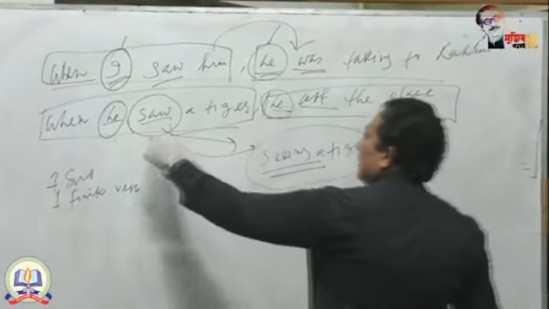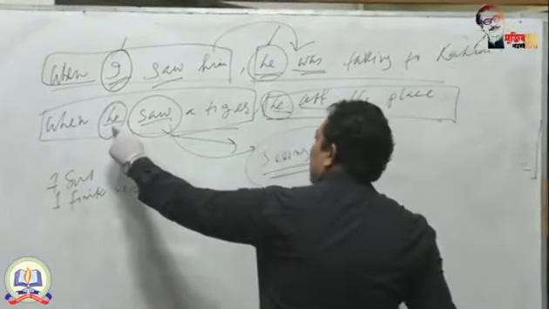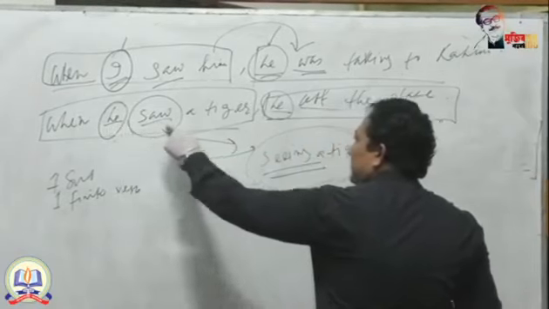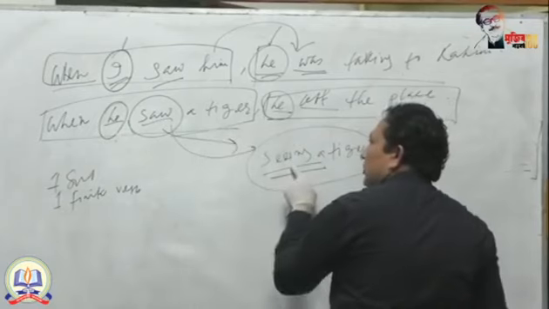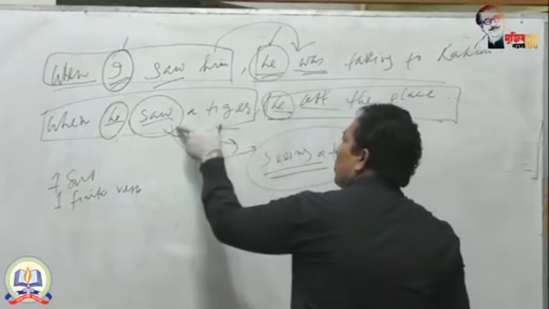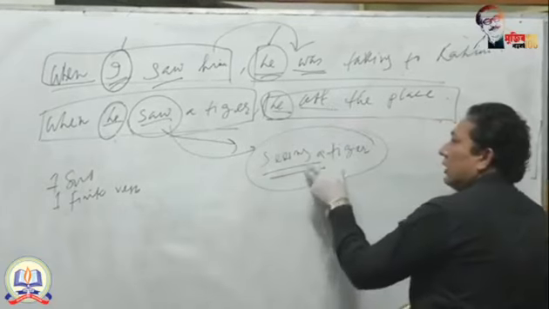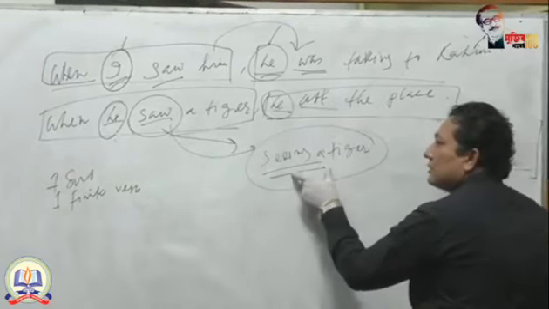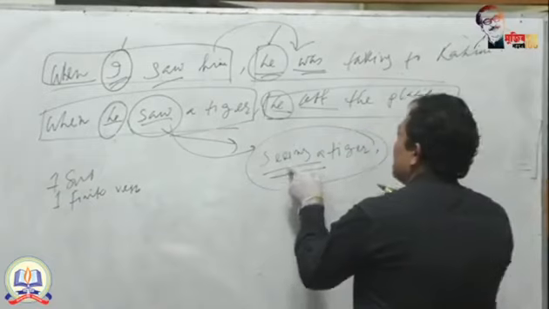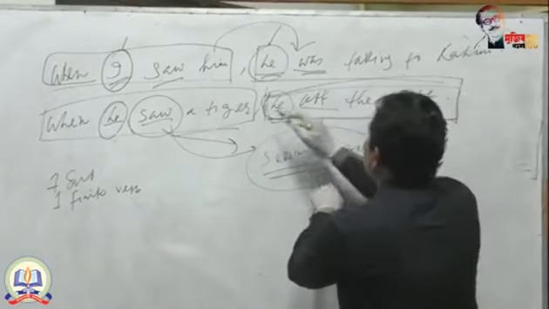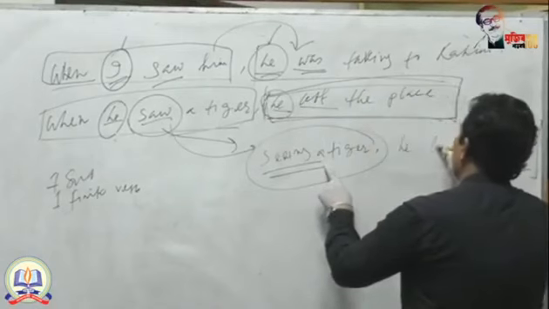That means you have already deducted one subject because the subject is the same, and this finite verb is transformed into a non-finite verb. So the subordinate clause is turned into a phrase, seeing a tiger, and in the principal clause, you need not change any part. You can just write down in this way.